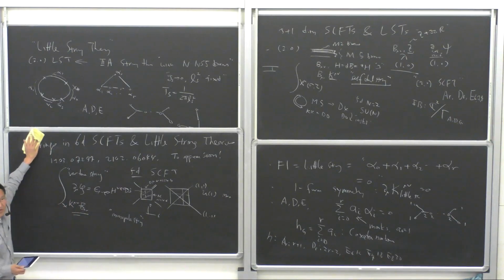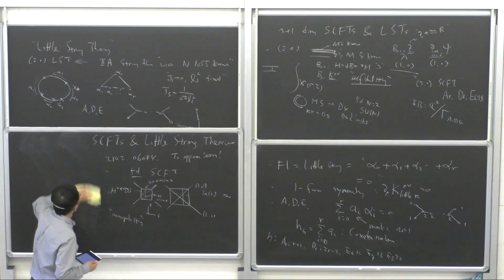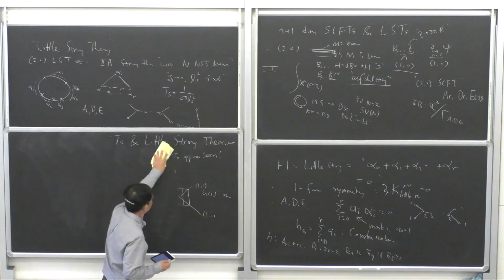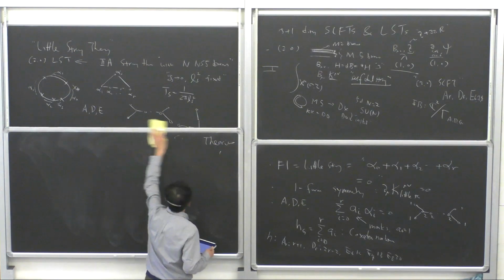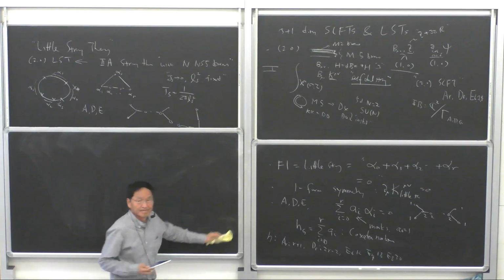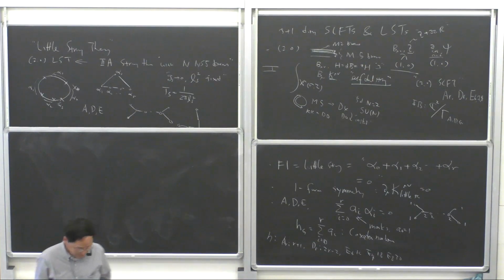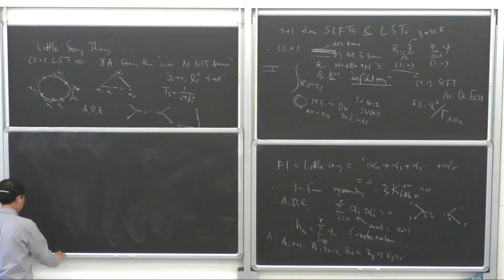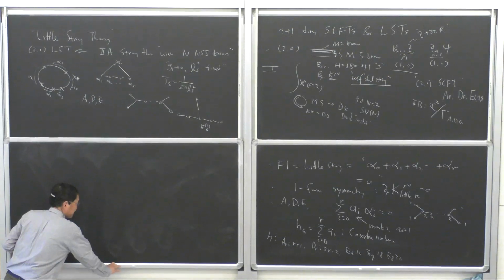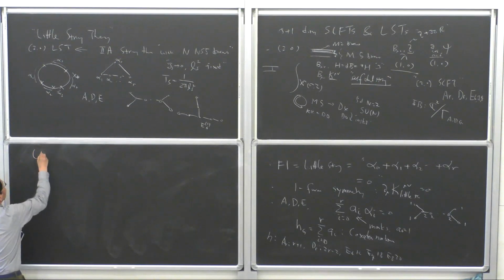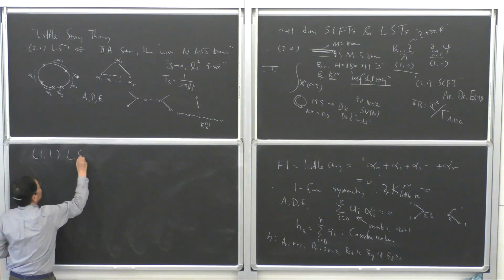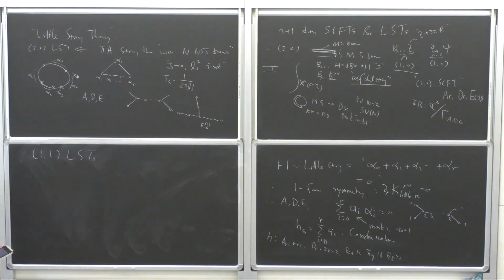Okay, so that's for two-comma reduced string theories. Now let's look at the non-twisted affine diagram.